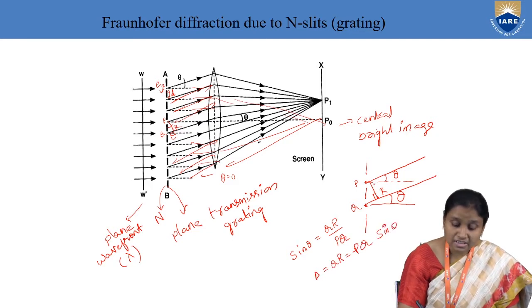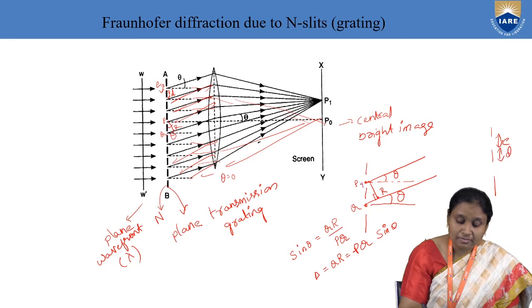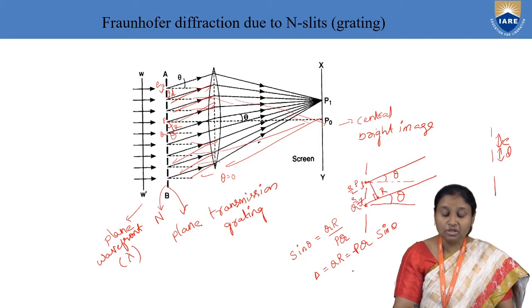As you have seen, this total width is E and this width is D. So this width comes out to be E by 2, and this width also comes out to be E by 2. So this PQ, I can write as E by 2 plus D plus E by 2, times sine theta.